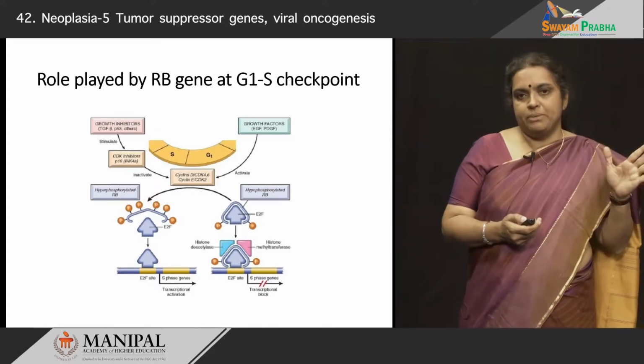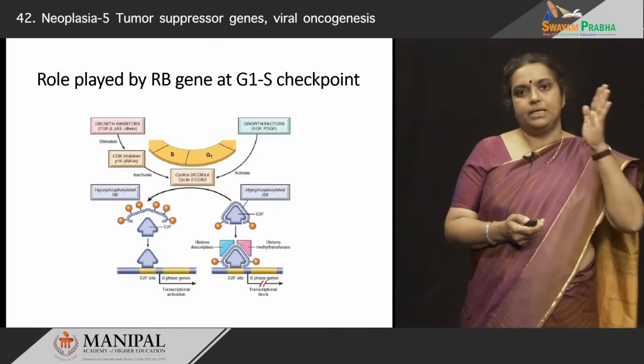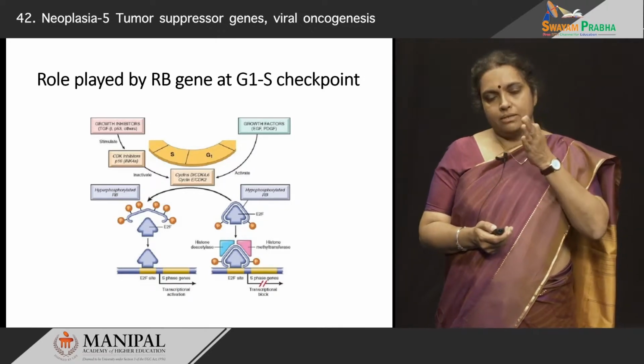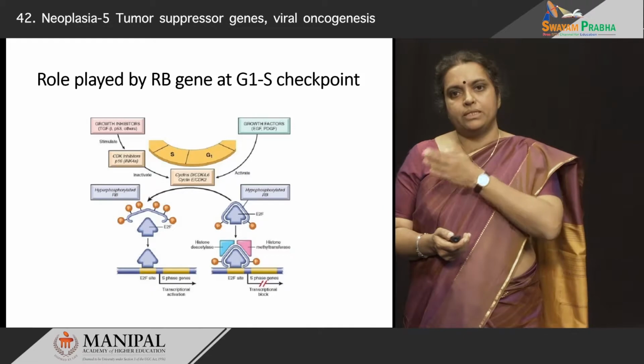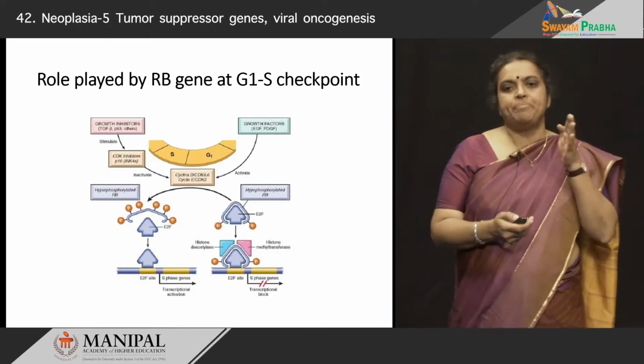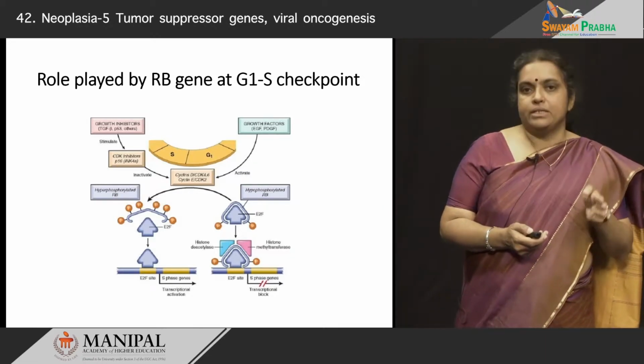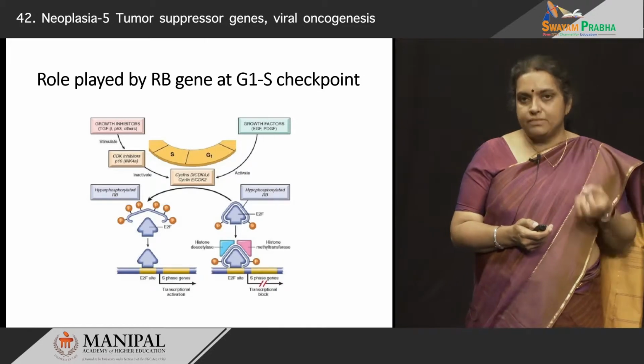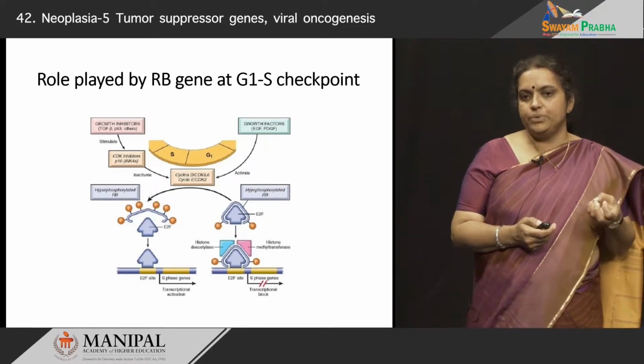So, what you must remember is that the RB protein plays a very important role at the G1S checkpoint. The hypophosphorylated one is the active form, which sequesters the transcription factor E2F.